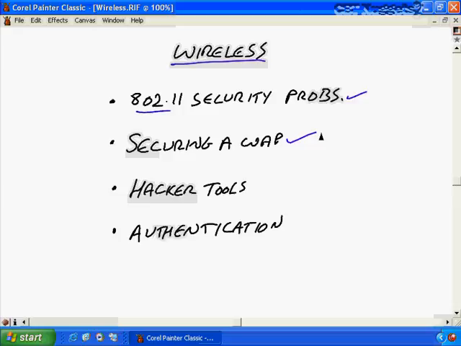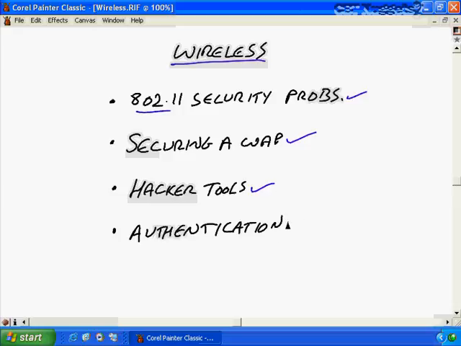I went over this information because a lot of us have those in our homes and want to make sure that we're as secure as reasonably possible in our neighborhoods. And then hackers' tools that can crack apart that security that we thought we implemented. Mostly these are still only effective against LEAP for one of the tools, using Asleap, and also something like Aircrack for WEP security.